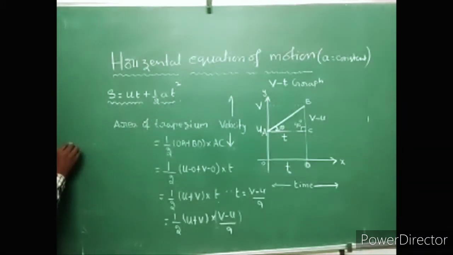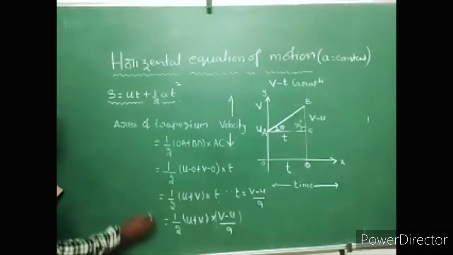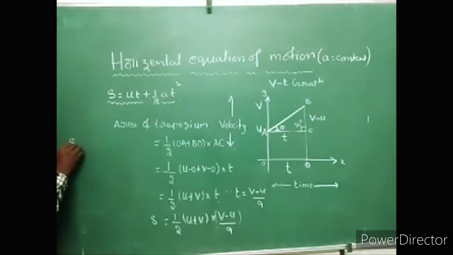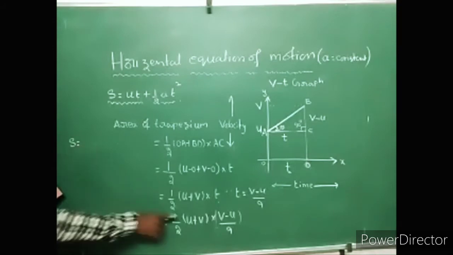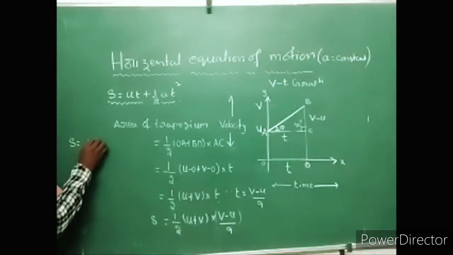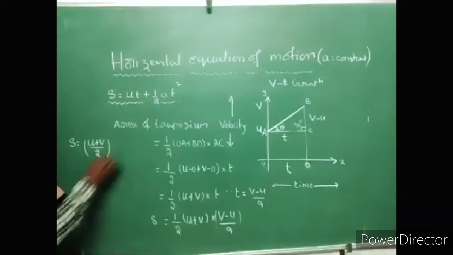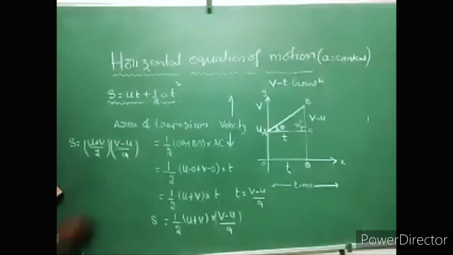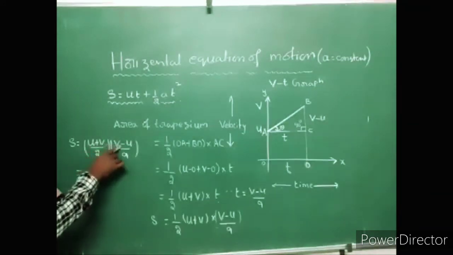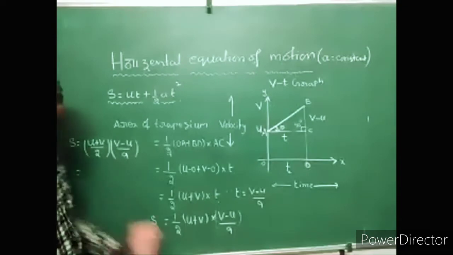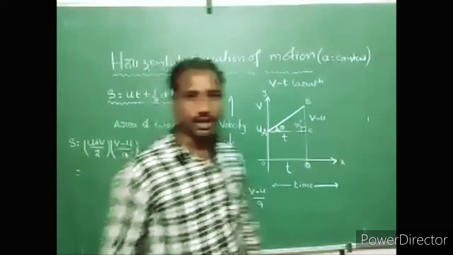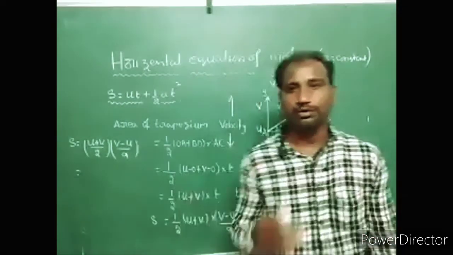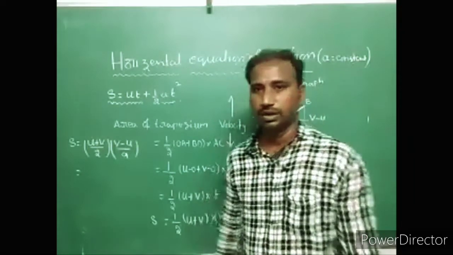Area of trapezium represents total displacement. Total displacement equals (U plus V) divided by 2 into (V minus U) divided by A. Here (U plus V) into (V minus U) uses the formula (A plus B) into (A minus B) equals A square minus B square.